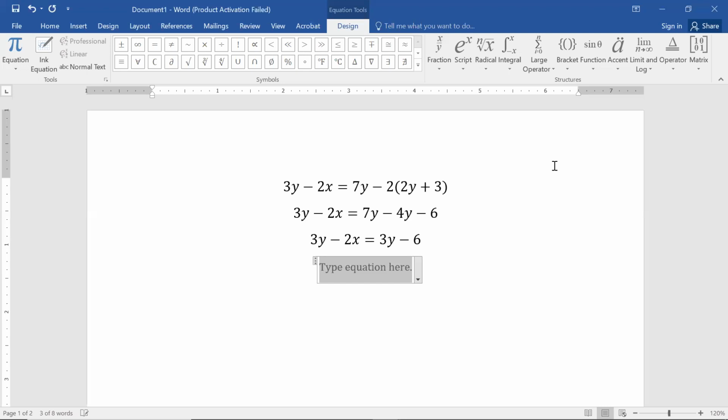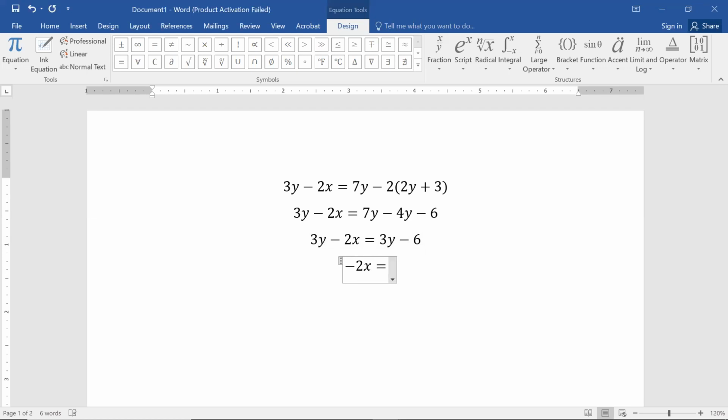At this stage, we try to get the y terms on one side. So we would subtract 3y from both sides. If I subtract 3y from the left, that's going to get rid of the 3y on the left, and I'll just be left with -2x.